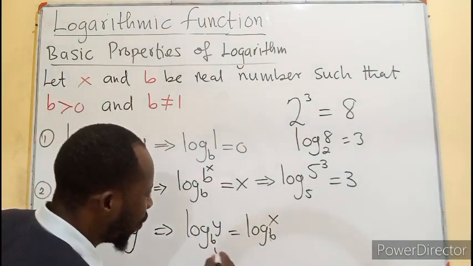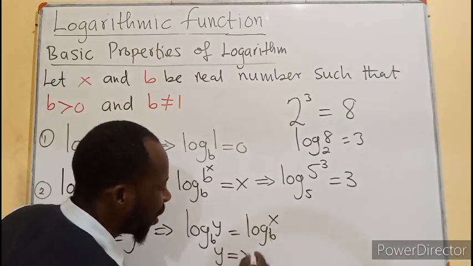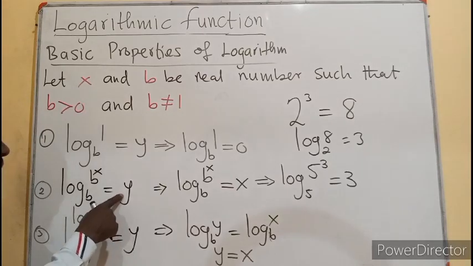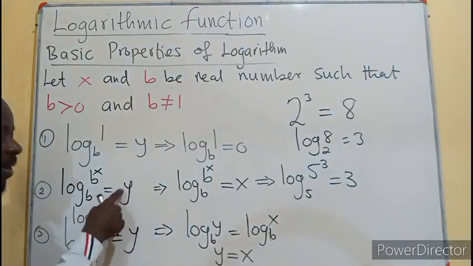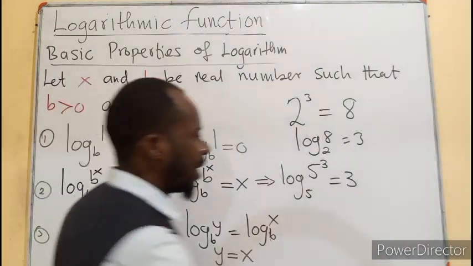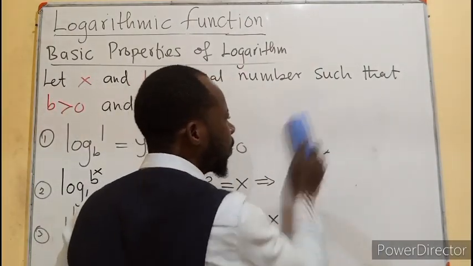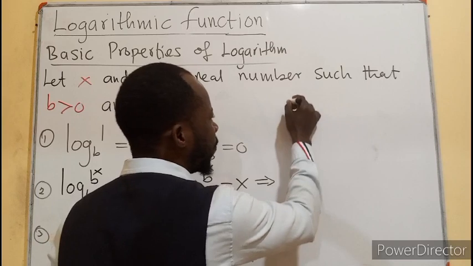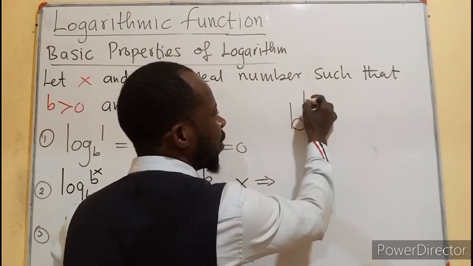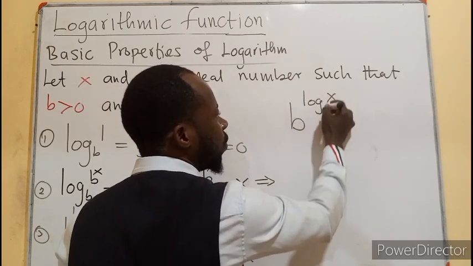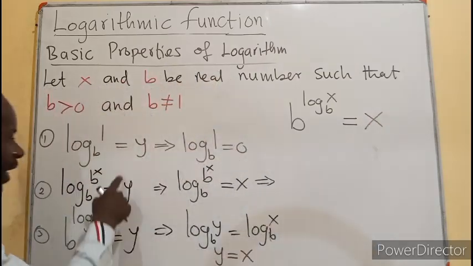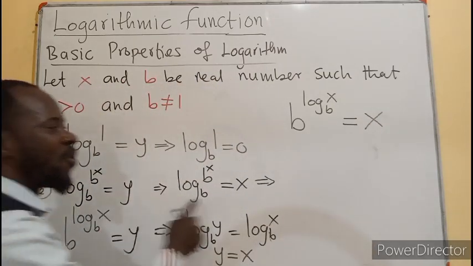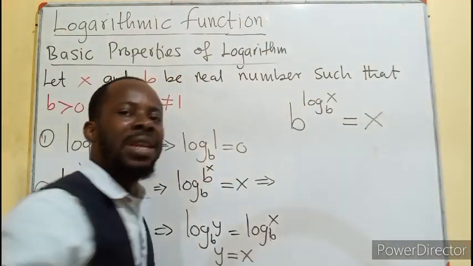So I'll be left with only y equals x. But don't forget our y is now x. So the whole of this becomes x. So in the actual sense, if I have b exponent of log x to the base b, I am only going to get x, since we are replacing the y with x. This becomes the exponent.